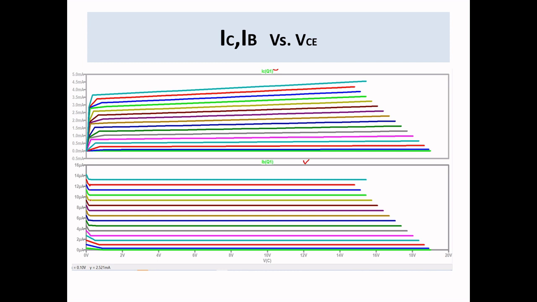Okay, green, any color. So I'm going to take this as IB2 and this is IB1. Similarly, this is IC2 and this is IC1.